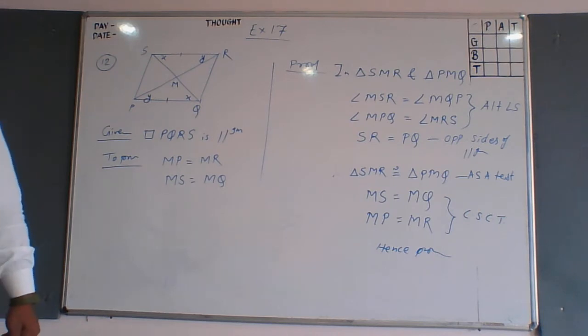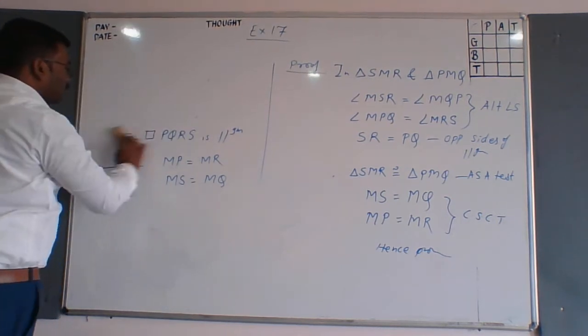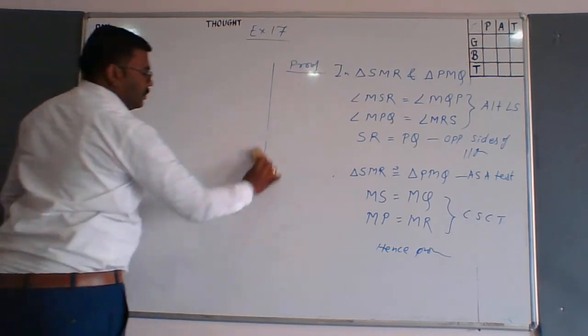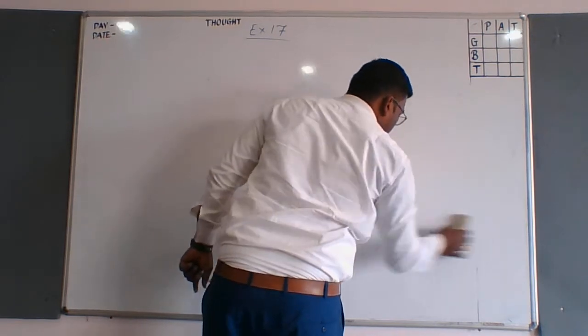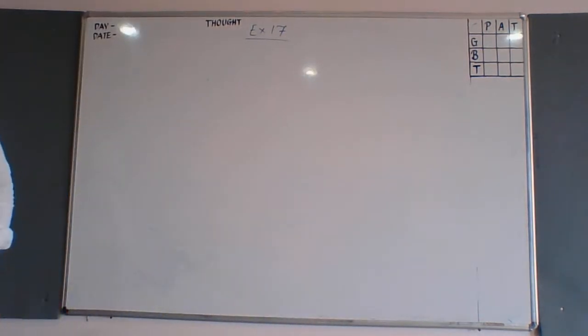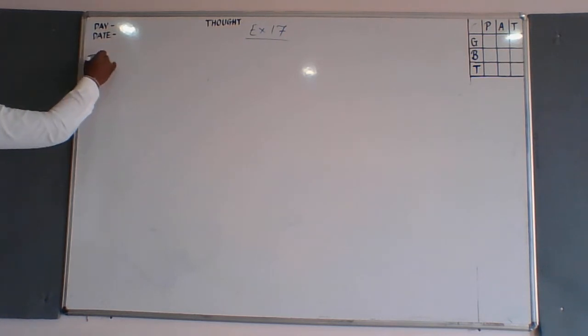Okay. Now, let us start with the next question. That is question number 13. If the diagonals of a parallelogram are of equal length, the parallelogram is a rectangle. Prove it. Question number 13 we are solving now.